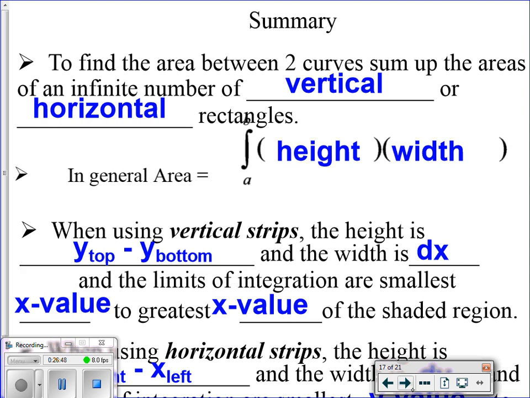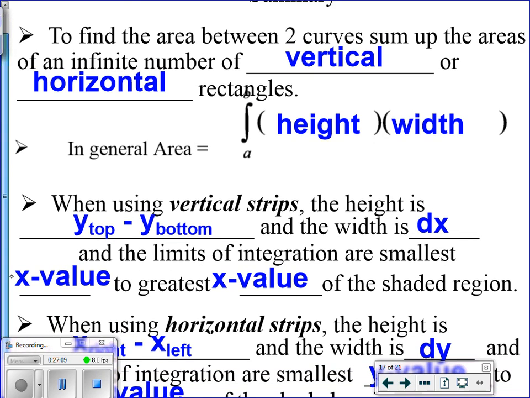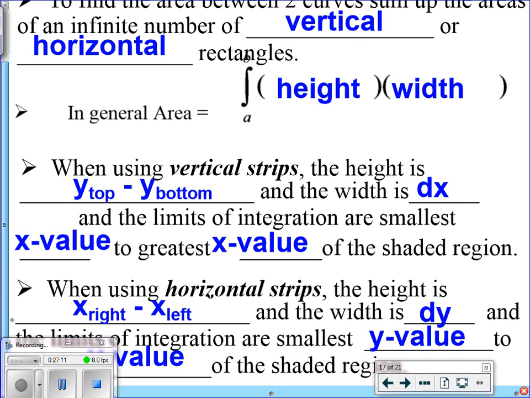So, just to sum up everything, to find the area between two curves, sum up the areas of an infinite number of vertical or horizontal rectangles. In general, area equals the sum of height times width, the integral from a to b of height times width. When using vertical strips, the height is y top minus y bottom, and the width is dx.